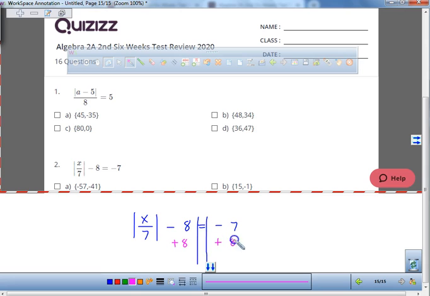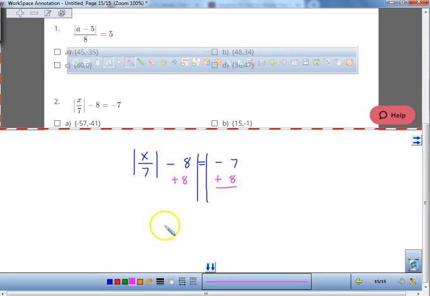Now here's a quick little review. If we have the absolute value of x over 7 equals 8 minus 7, which is 1. Here's what I need you guys to remember. If I had to add 6 and I got a negative 1, whenever you get this situation, what do you do? You stop.